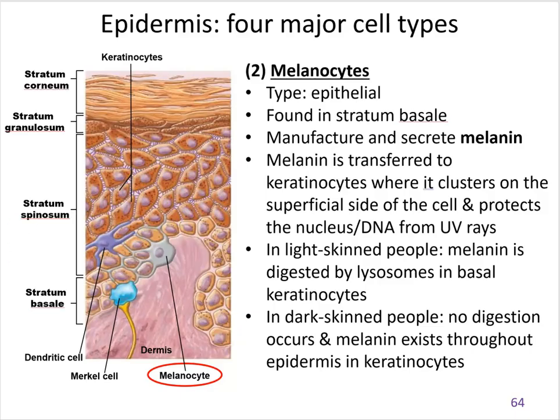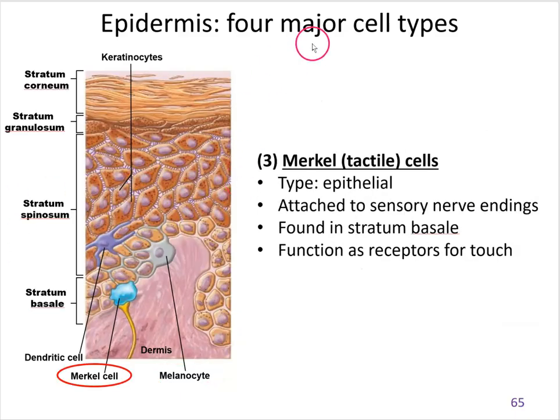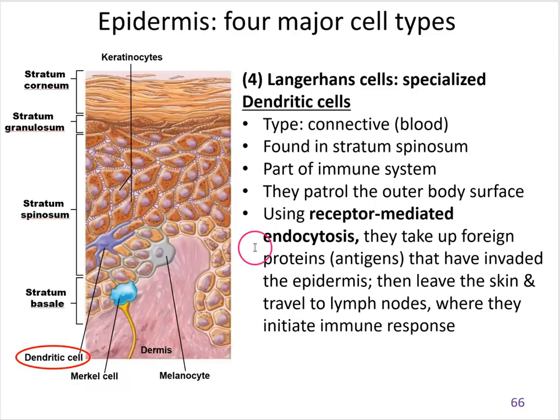Merkel cells are a type of sensory receptors, and they give us part of the sense of touch. And then there are special immune cells, dendritic cells. These would be patrolling the stratum basale, or probably just deep to the stratum spinosum.